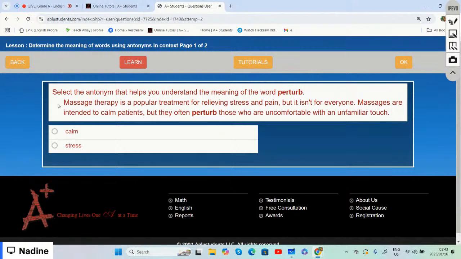All right, it says the massage therapy is a popular treatment for relieving stress and pain, but it isn't for everyone. Massages are intended to calm patients, but they often perturb those who are uncomfortable with an unfamiliar touch. We need to select the antonym, the opposite, that helps you understand the meaning of the word perturb.